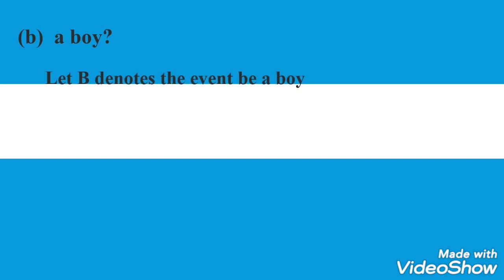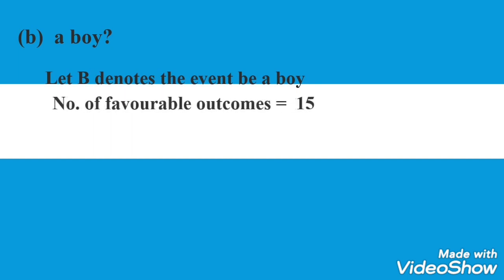So the number of favorable outcomes is 15, which can be written as n of B equal to 15. So now we have the favorable outcomes for B. Next we move on to find the probability of choosing the name card of a boy.